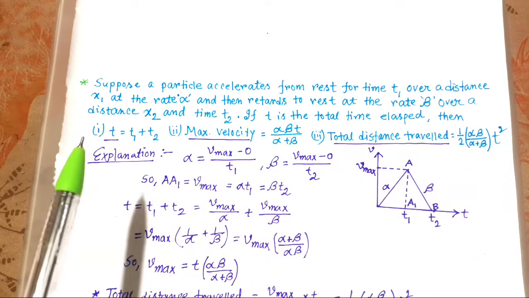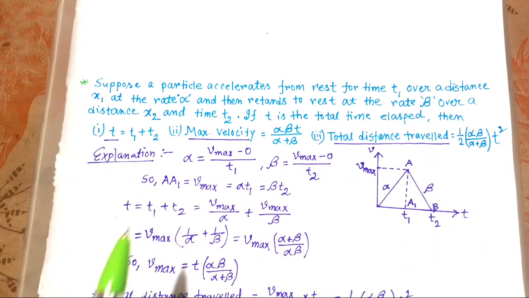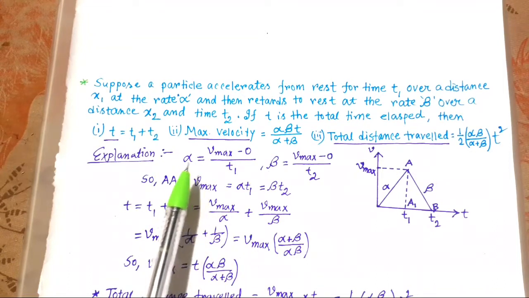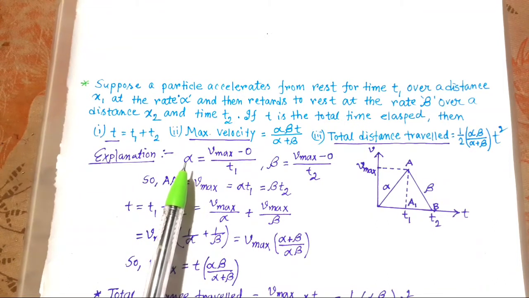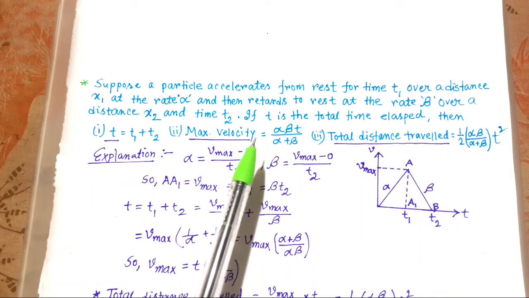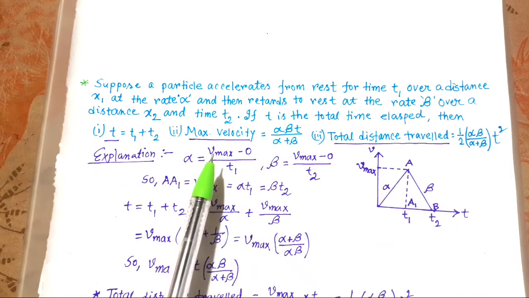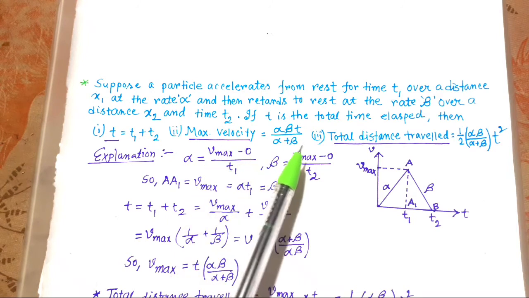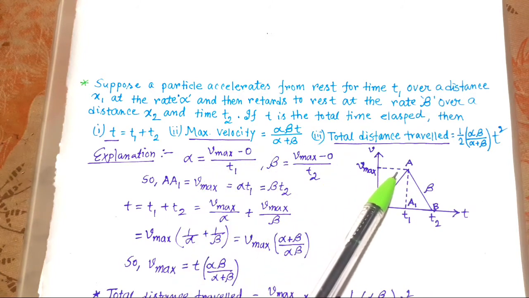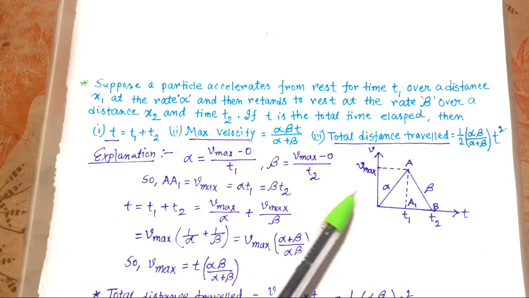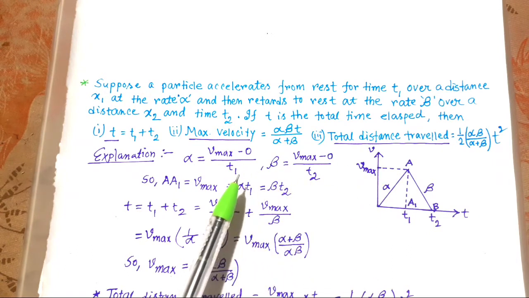Okay, so now the explanation. Alpha is acceleration. We know that acceleration equals change in velocity by time taken, and change in velocity means final velocity minus initial velocity, that is final velocity Vmax minus initial velocity 0, by time taken t1.